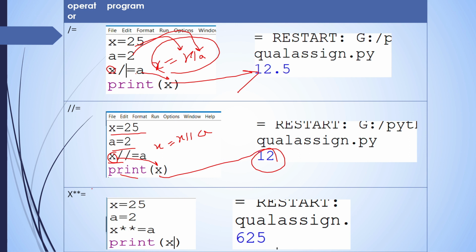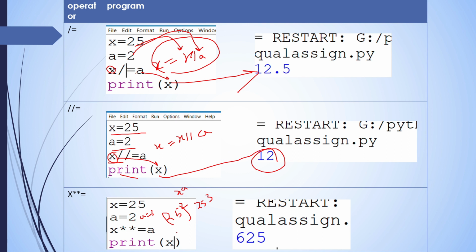x star star equals to, this is the exponential assignment operator. So how will the exponential assignment operator work? 25 is to 25 squared, right? If a is equals to 3 here, then it would be x to the power a. This is a basic formula. Then 25 is to 3.